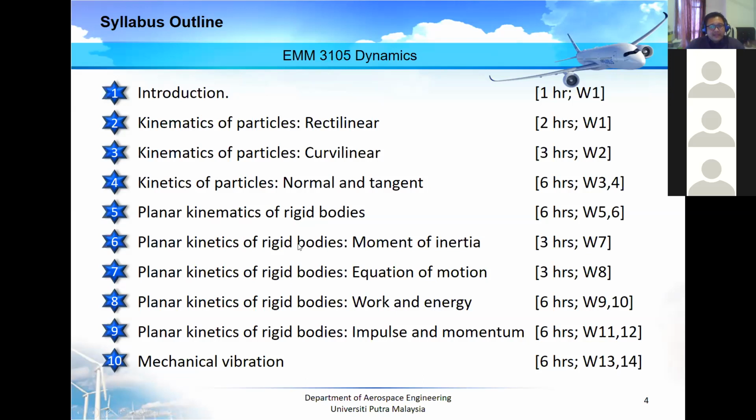Then for the rigid bodies, number 6, 7, 8, until number 9, we have the moment of inertia, equation of motion, work and energy, and then the last one, impulse and momentum.